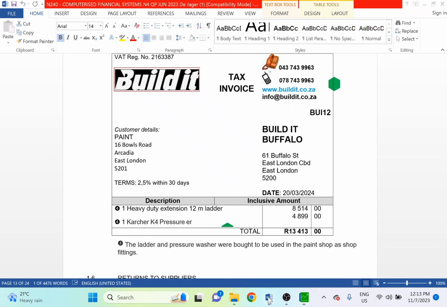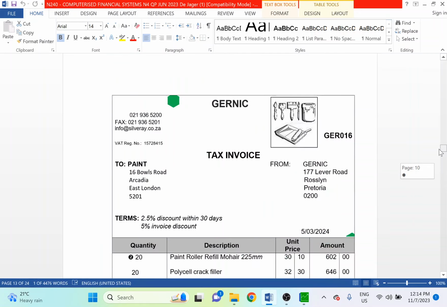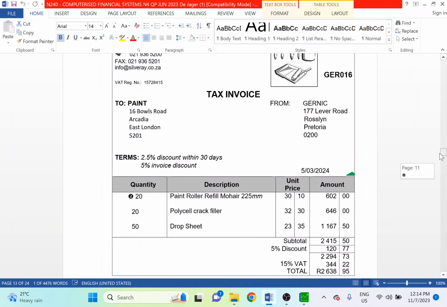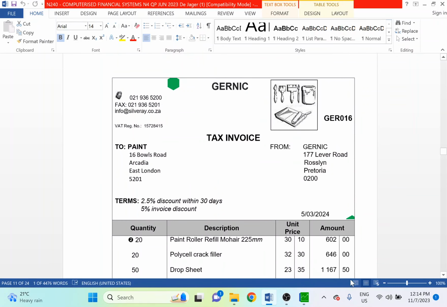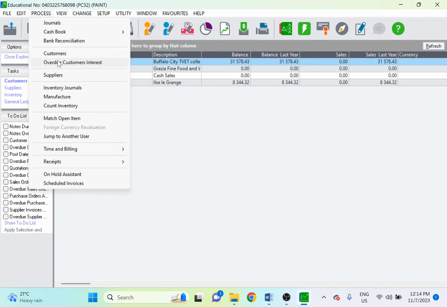Now we move back to Genic, a stock invoice. Now under Genic, to process this invoice, date is on the 5th. We're going to open process suppliers.